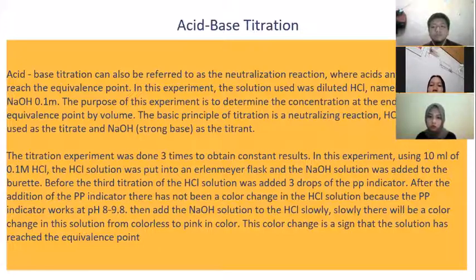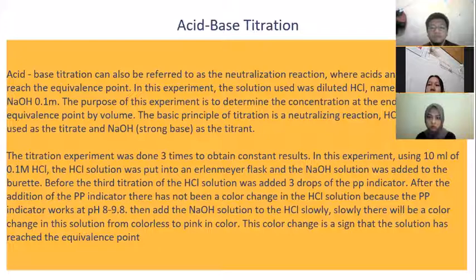After the addition of the phenolphthalein, there was no color change in the hydrogen chloride solution because phenolphthalein works at a pH of 8 until 9.8. And then the natrium hydroxide solution is added to the hydrogen chloride slowly.